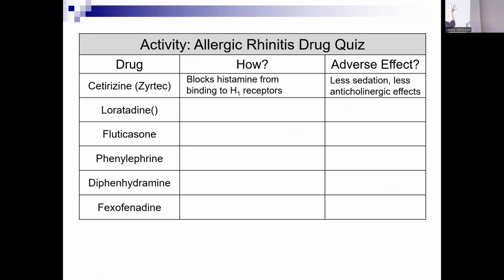So this is just a way to think about it. You could add the drugs. I still think flashcards is probably the best. But just to remind you, any drugs that are in red are fair game. You want to know the mechanism of action and then adverse effects. For a lot of those that we just went over, it was xerostomia, maybe some sedation, dry nasal passages, maybe burning or stinging.